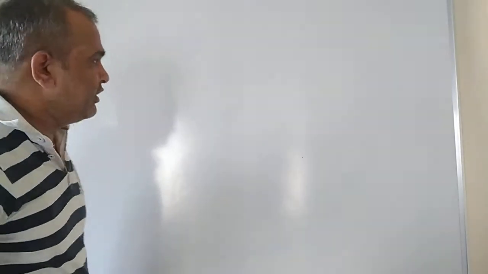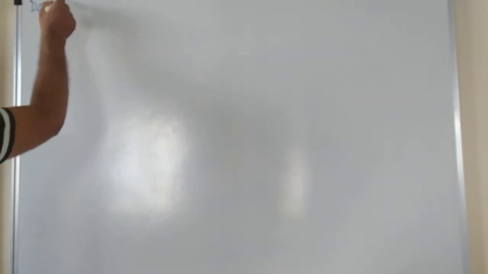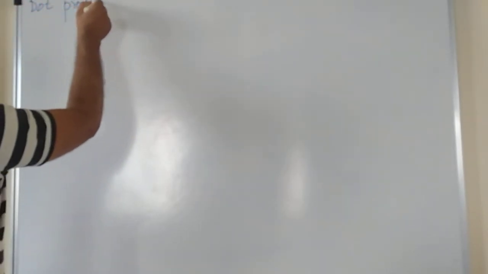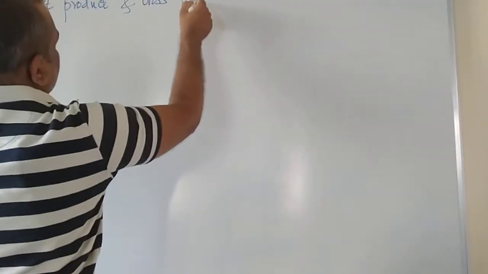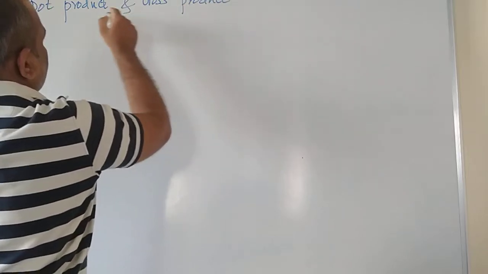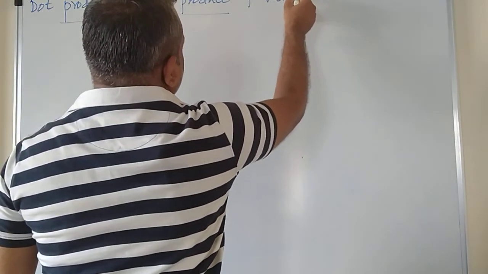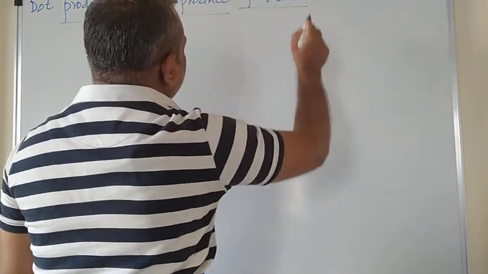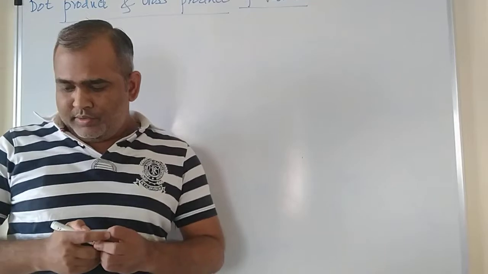Now today let's go for the next topic, and that is cross product and dot product. So let me say dot product and cross product of vectors, or I can just say dot product and cross product, right?